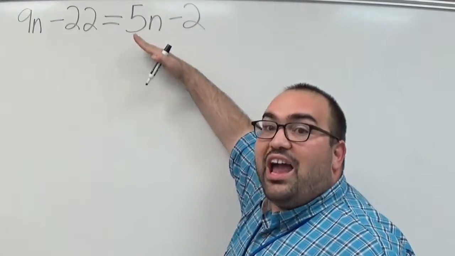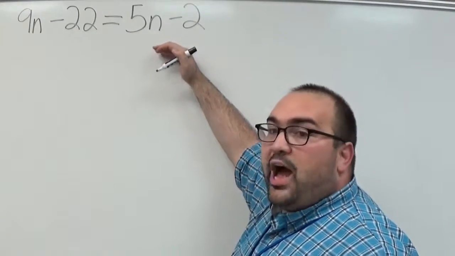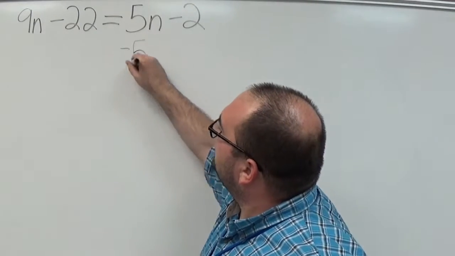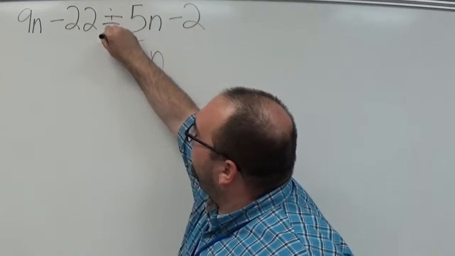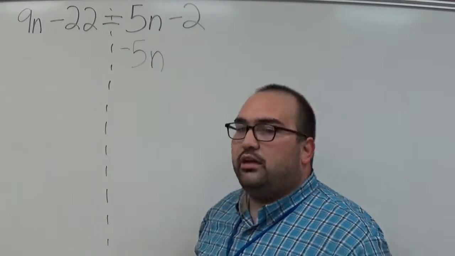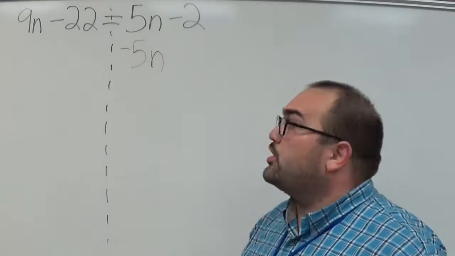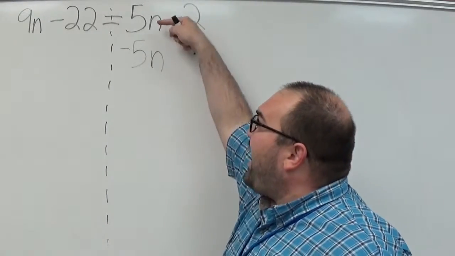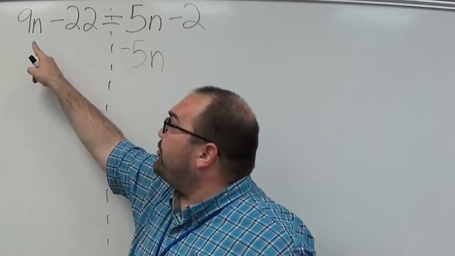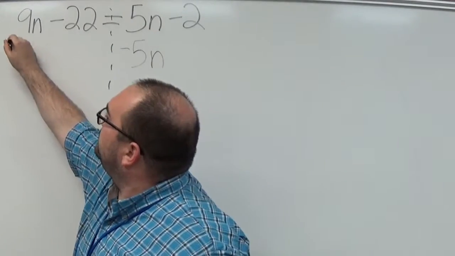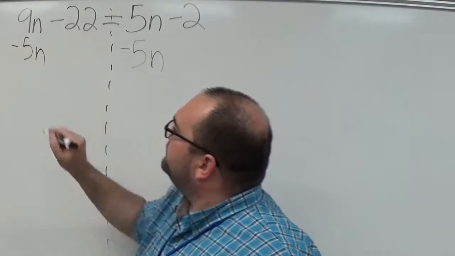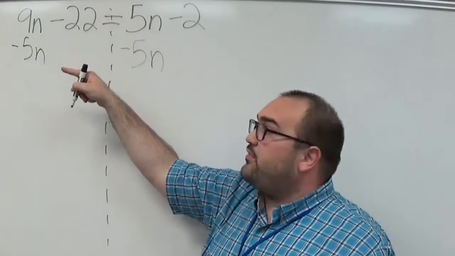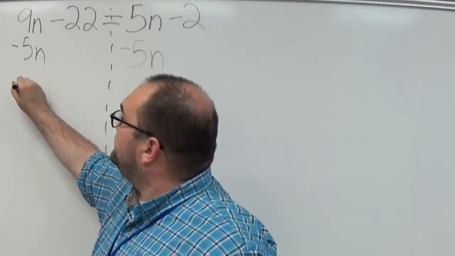To get rid of this 5n, to make it 0, I'm going to subtract away 5n. And like I keep on saying, whatever you do to one side of the equal sign, you must do to the other. So I'm going to subtract this 5n from the other variable part, 9n. Now let's do the math. 9n minus 5n will give us 4n.